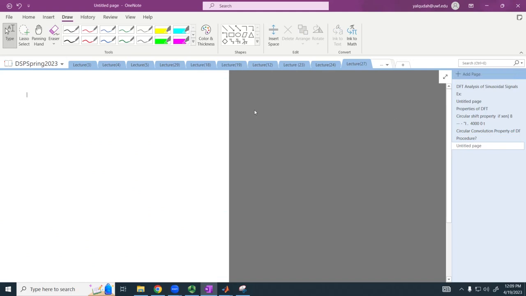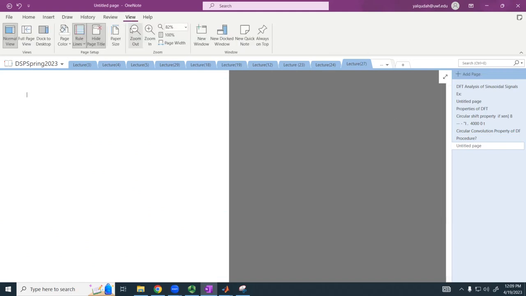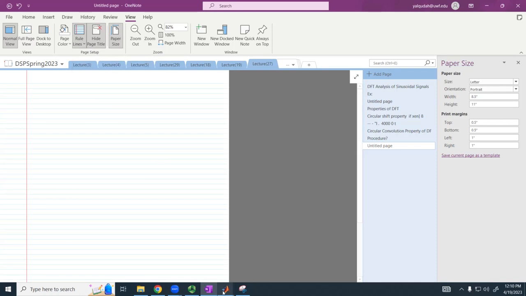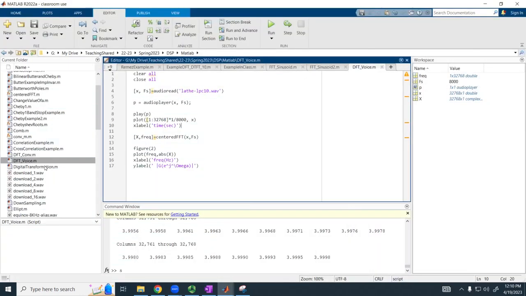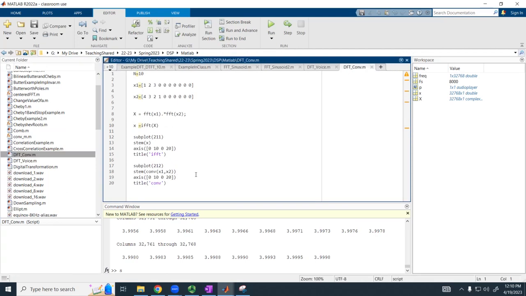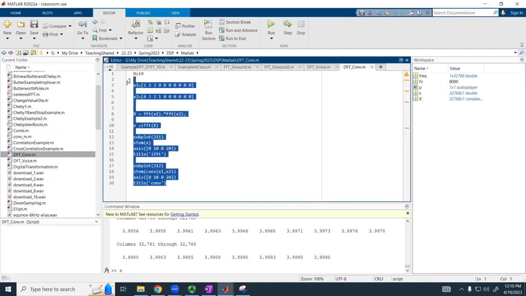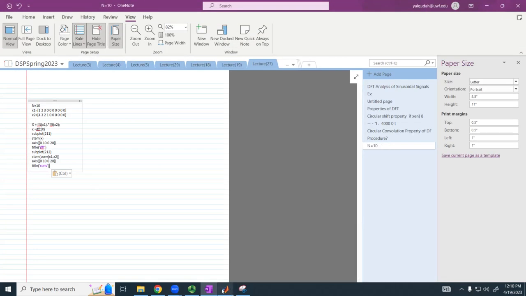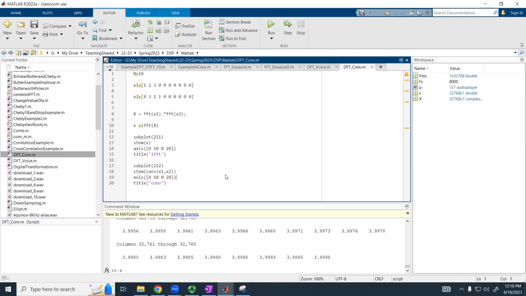Let me run MATLAB and show you an example. And this is the example that we're going to see. If you look at the code here, I have two signals, x1 and x2.